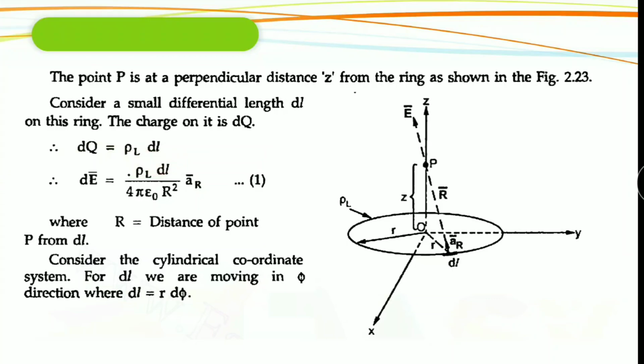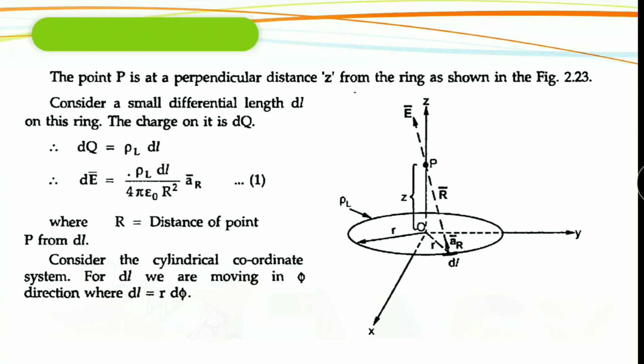The corresponding electric field due to this charge dq is dE bar equal to rho L dl by 4 pi epsilon naught R square a R bar.